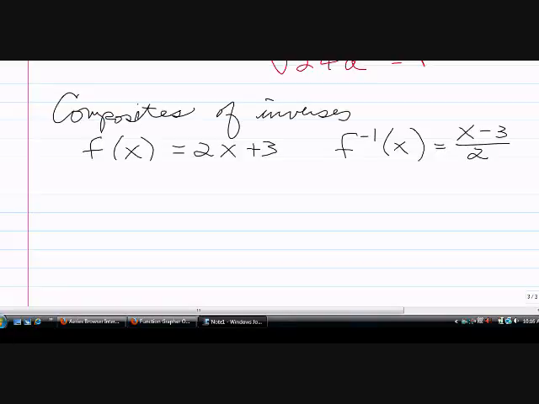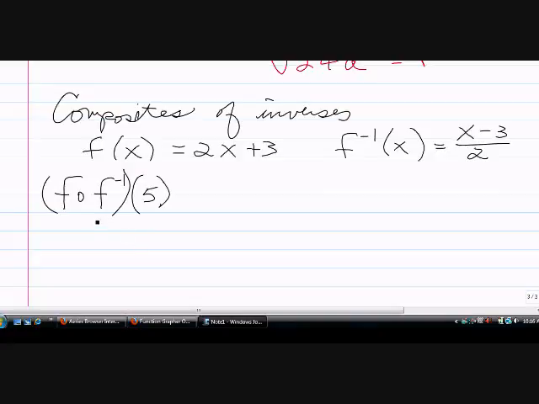Now I'm going to compose these two functions. So I'm going to compose my original function with the inverse, and I'm going to do this at 5. I'm going to give you a number so you can see a little pattern here.